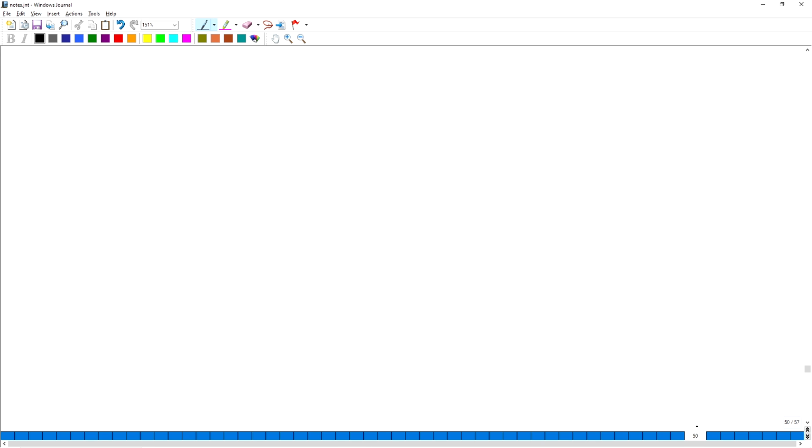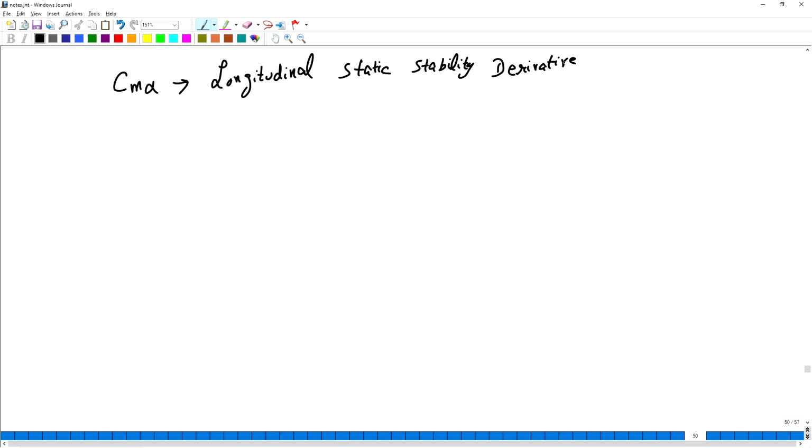Here Cm alpha, we generally call it the longitudinal static stability derivative. Static stability derivative. All right.